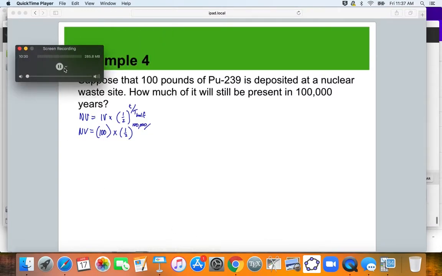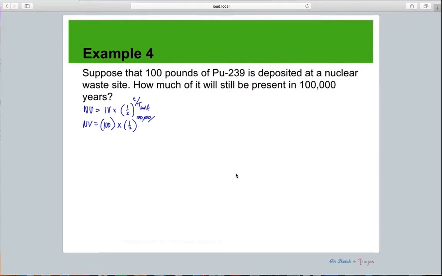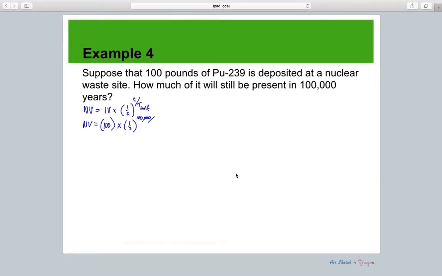Be right back. Okay, so Pu-239 is plutonium. So what they make nuclear weapons from. And it has a half-life of 24,000 years. So that's information you would need to be given. All right, but now we can finish filling out our formula. So 100,000 over 24,000.